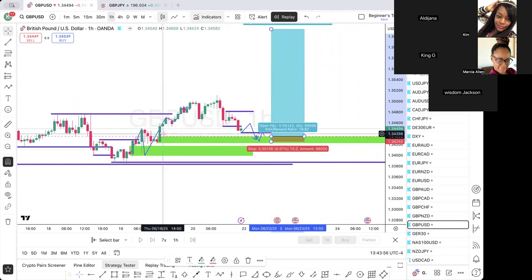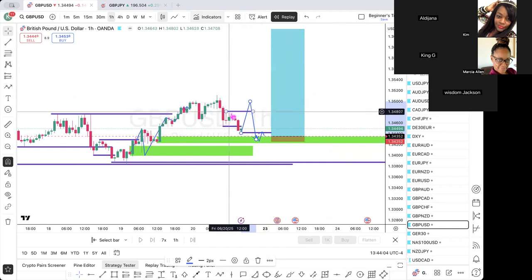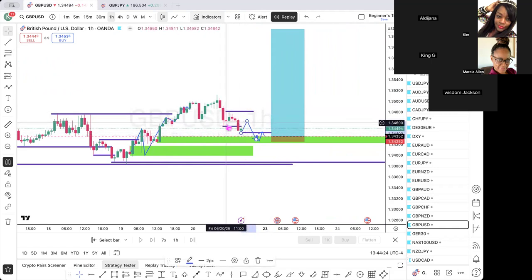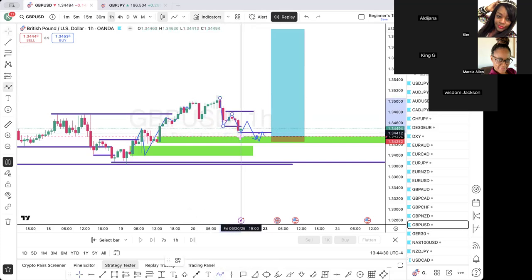The only way I would accept this fair value gap is if price then turned around and broke this structure. That's the only way I would accept that fair value gap. Because in my eyes, price is in that fair value gap, but this is my swing high, this is my swing low. So my thought process is, because price is still bearish, it broke structure, I'm expecting price to pull back and come back to this zone.